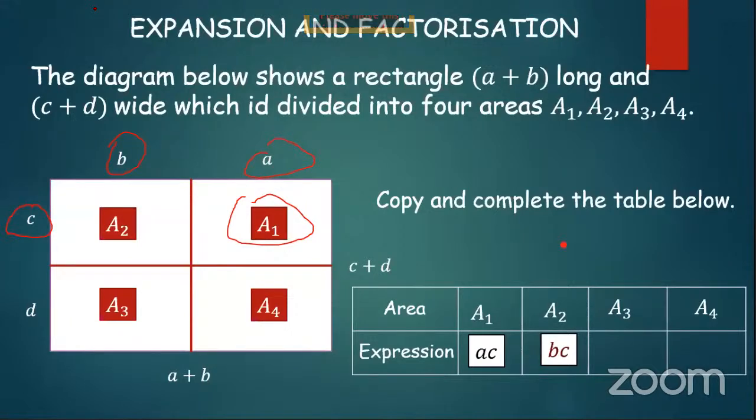Mulungi? It's BD. So we put BD. Area 3. Okay, I think mine had an error. BD. Yes.